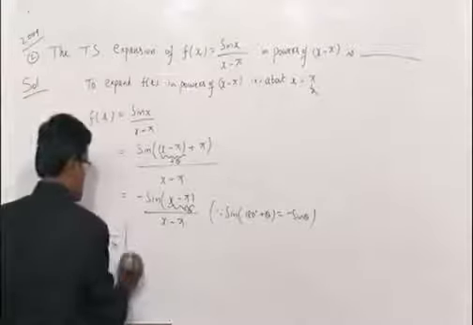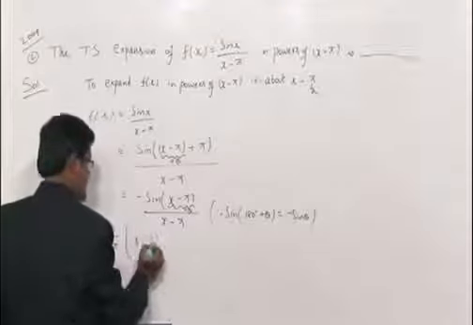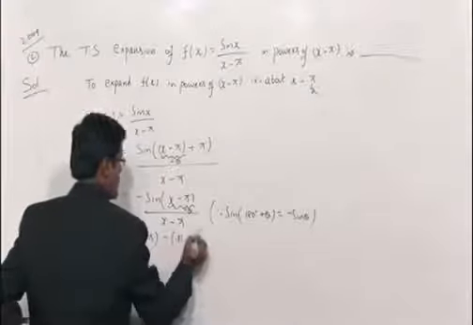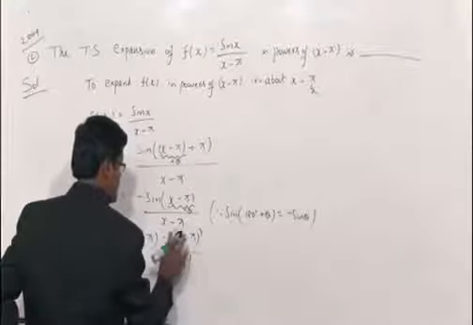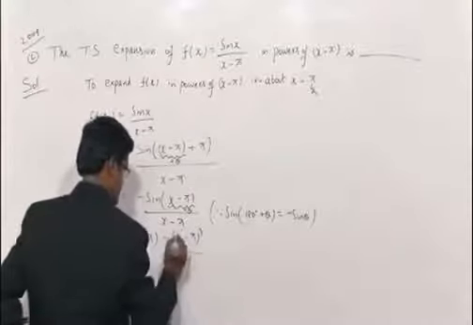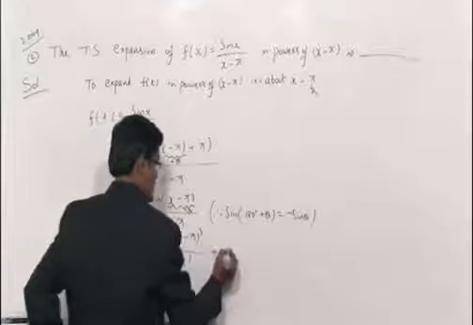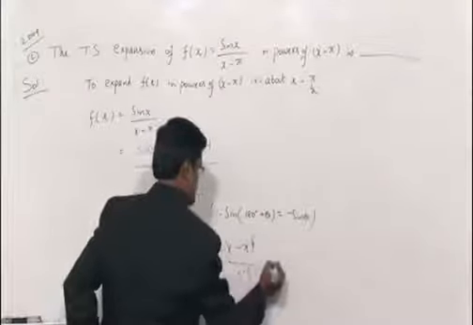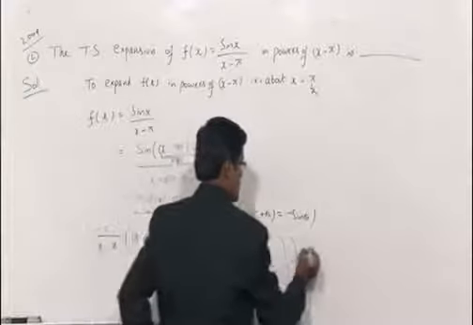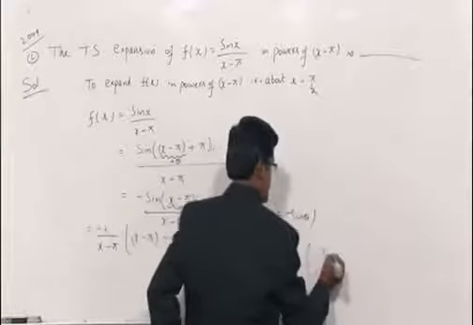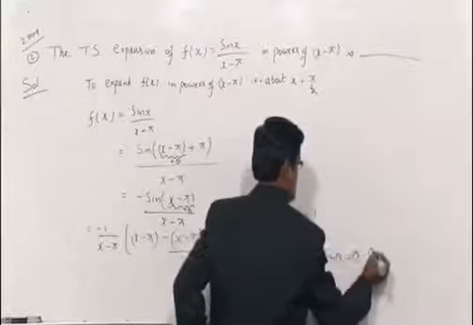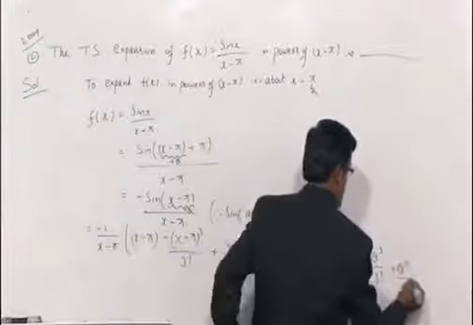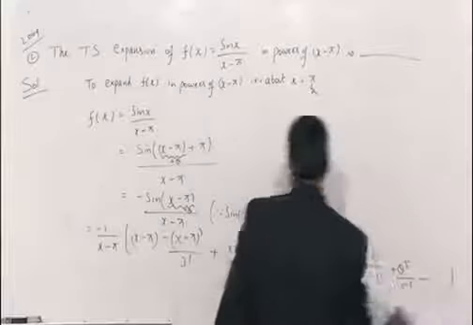That means, how much? X means here x minus pi, whole cube by 3 factorial, plus x minus pi whole power 5 by 5 factorial minus, so on, since the sin theta expansion is theta minus theta cube by 3 factorial plus theta power 5 by 5 factorial minus, and so on.